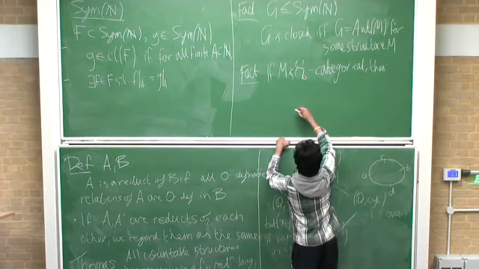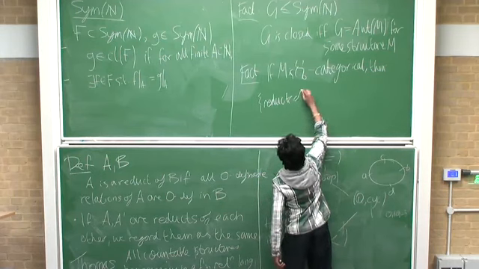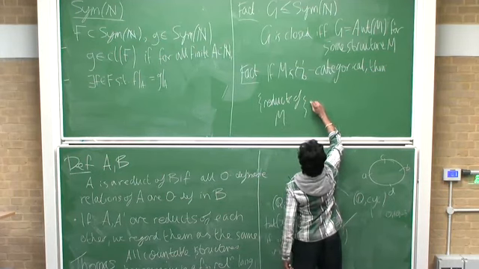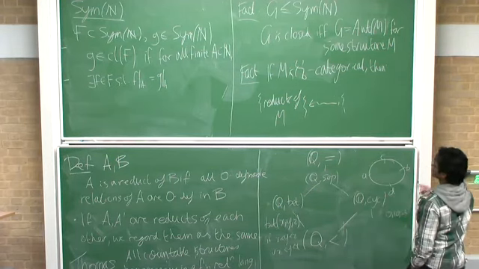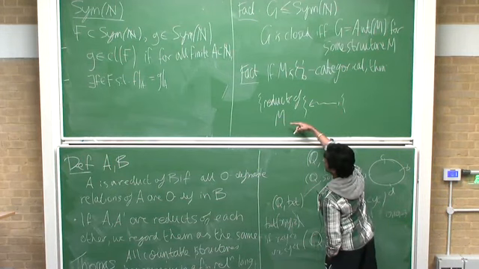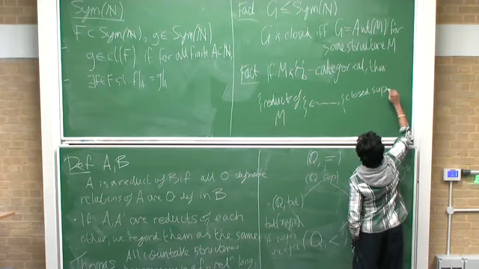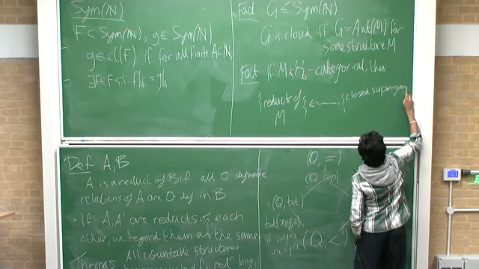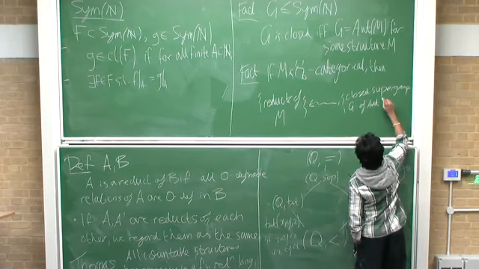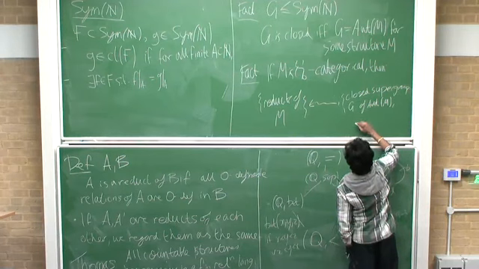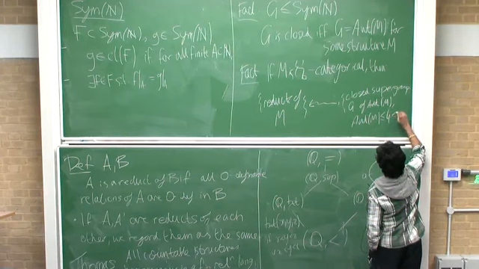The first collection will be the reducts of M. And the other collection will be closed supergroups of the automorphism group of M. So G lies in between Aut(M) and the symmetric group.